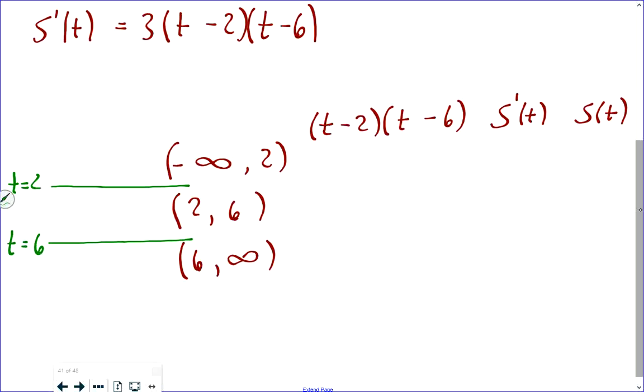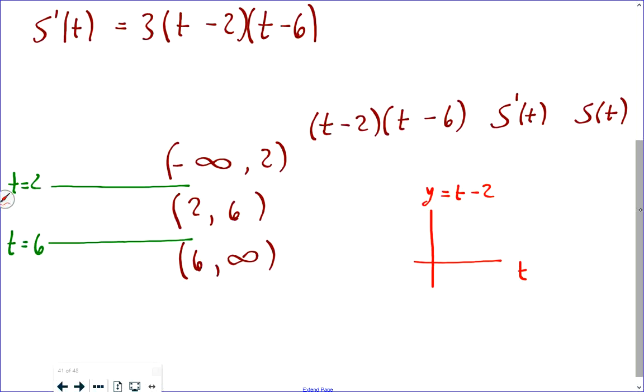But I want to point out that t equals 2 is the 0 of t minus 2. Think about that just for a second. Two is the 0 of t minus 2.